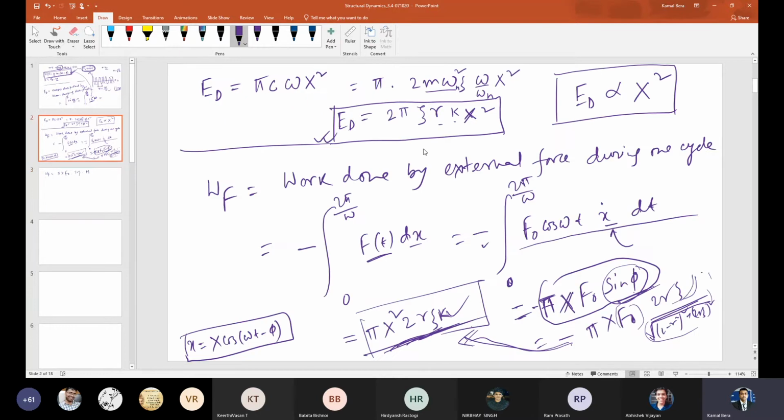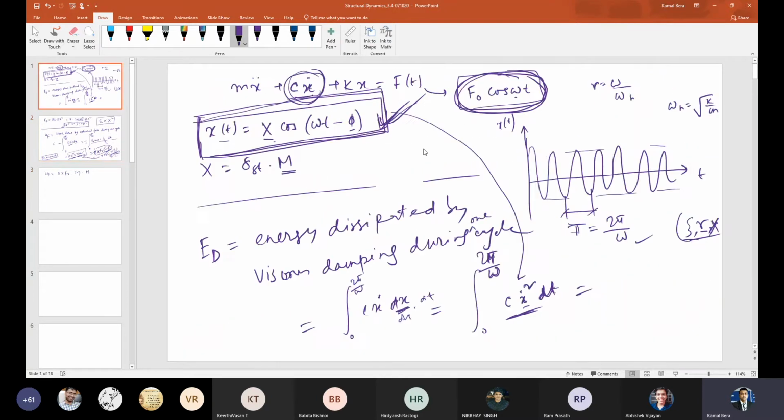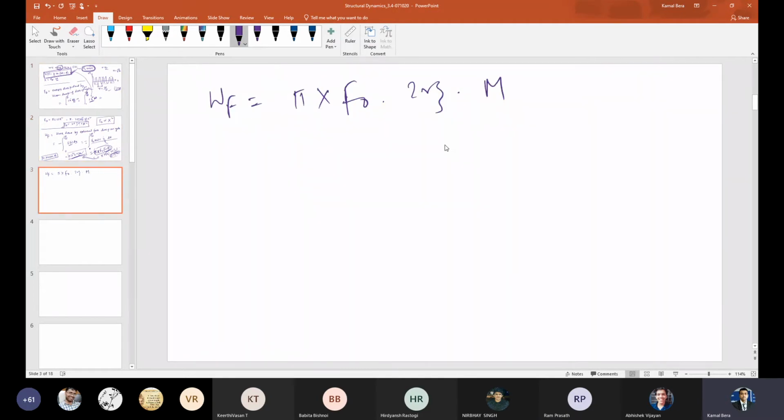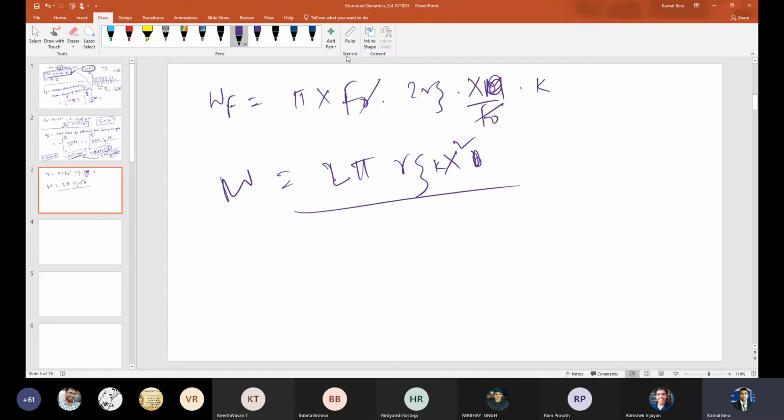Instead of this magnification factor I can write x by delta st, and instead of delta st I can write F naught by k. F naught cancels out. So 2 pi r zeta k x square. Correct? This is W_F.